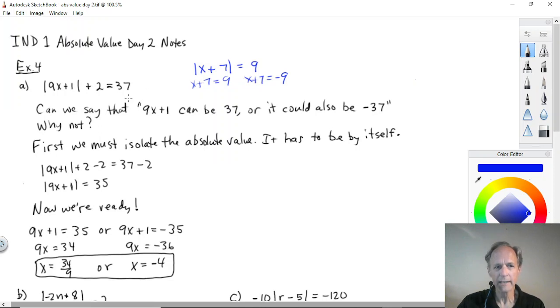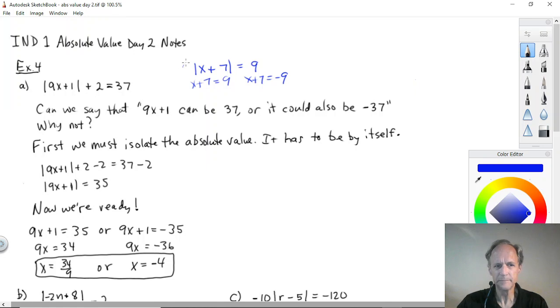But if we try that in the one we're looking at, it doesn't quite make sense, because if we say 9x plus 1 could be 37 or negative 37, we're ignoring that 2. When the absolute value is evaluated, 2 is added to it, and then that sum is what's 37. So it's not going to work. We can't do that.